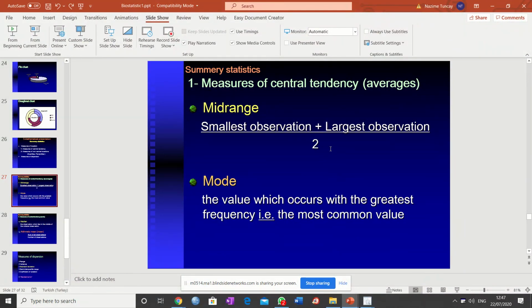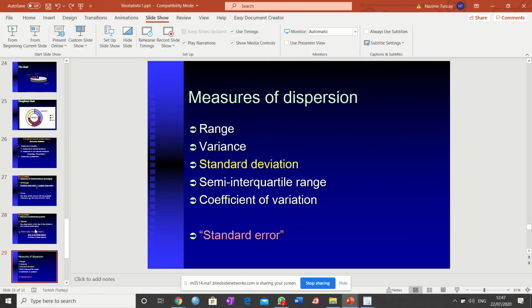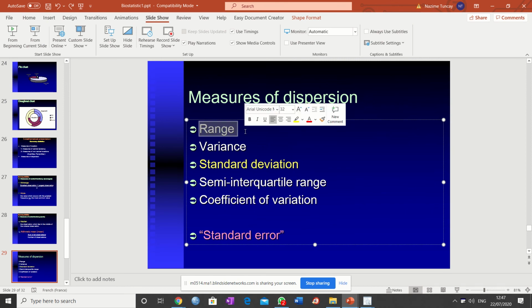For example, the smallest blood pressure plus the highest blood pressure divided by 2 is the mid-range of the blood pressure measurements of a group of people. Mode is the highest frequency, the greatest number. Range is the difference of the biggest one and the smallest one, and we will see the others also.